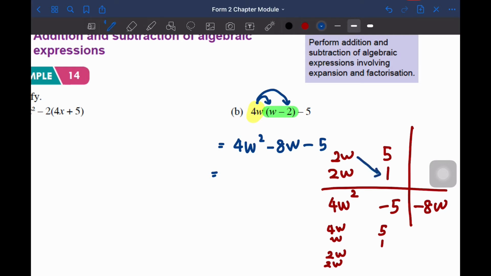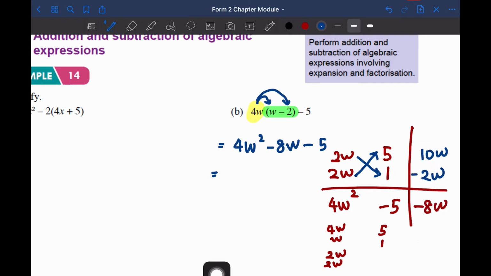Kita cuba 5 1. Next cross multiply. 2w times 5 is 10w. 2w times 1 is 2w. Next kita ada 10 dan 2. Macam mana kita nak jadikan negatif 8? Kalau 10 tolak 2 dapat 8, bukan negatif 8. So negatif 8 adalah 2 tolak 10.